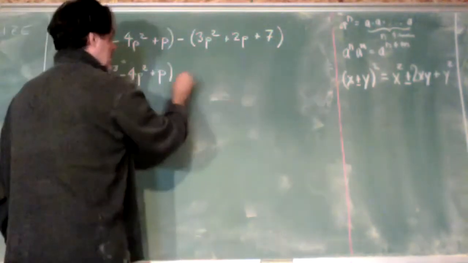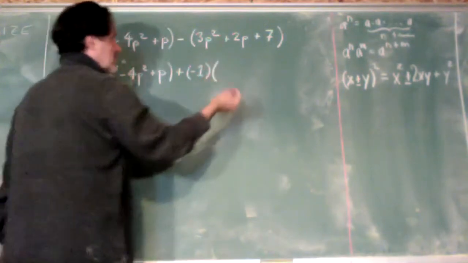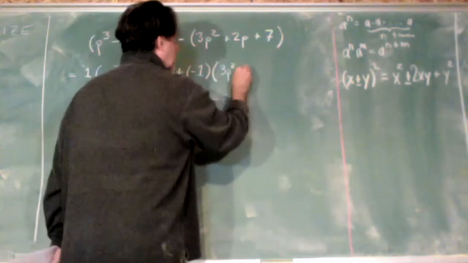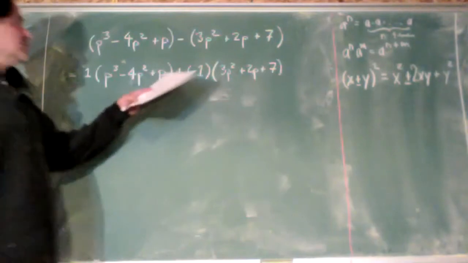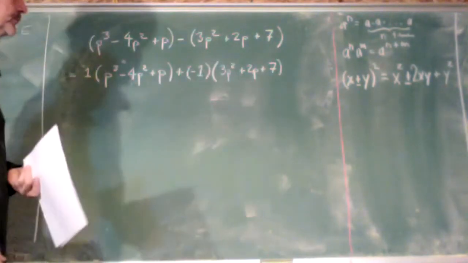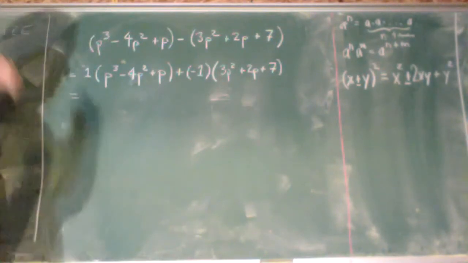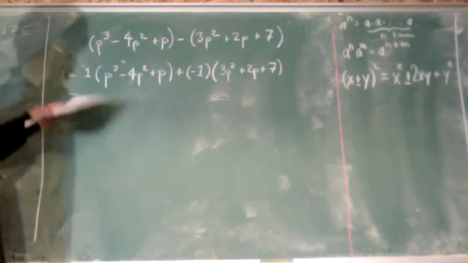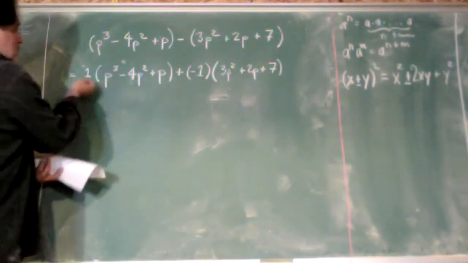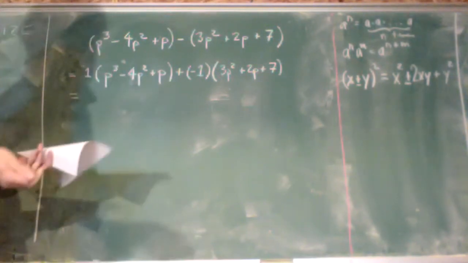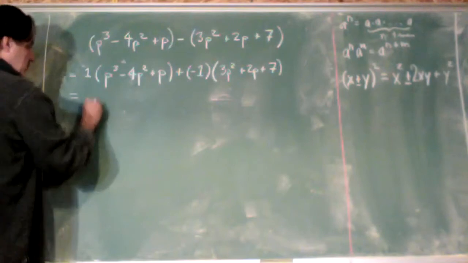And when we have a minus something, that's the same as saying plus minus 1 times whatever. Remember, this is useful, that subtraction of something is the same as plus minus 1 times something. In each case, what we're doing actually is distributing. But in the first case, 1 times whatever is just what it is. So there's no work to do. And in fact, we could say the parentheses are superfluous.